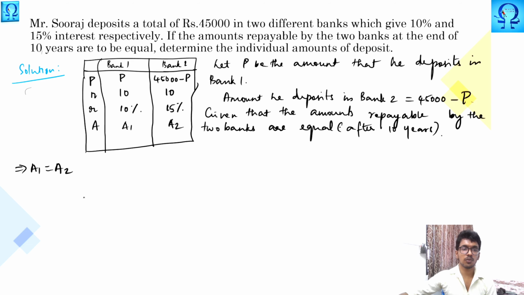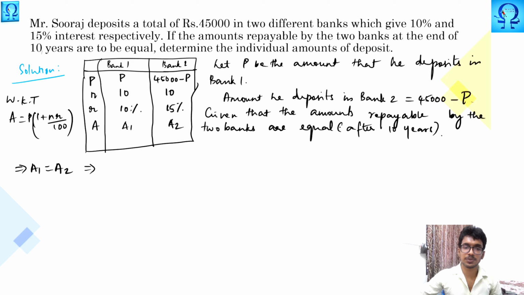Okay, now we shall substitute the formula for A1 and A2. The formula that we are going to make use of, we know that A is P times (1 plus NR upon 100). So this is the formula that we know for sure. Using this, now you will have to do it for A1.